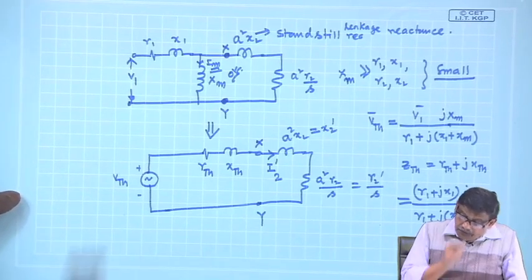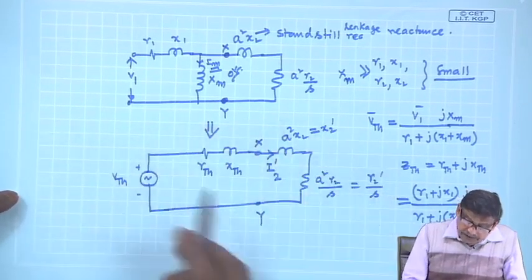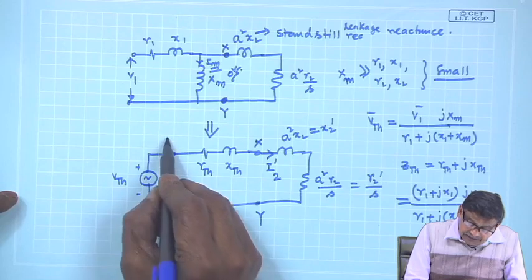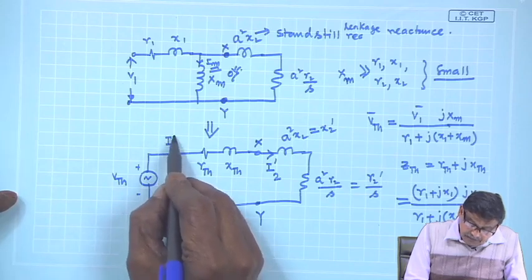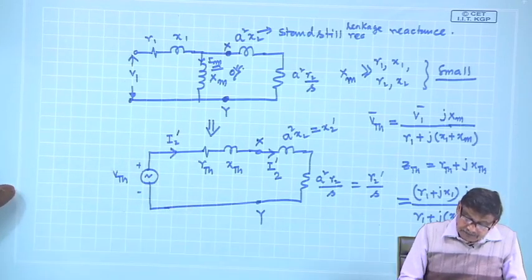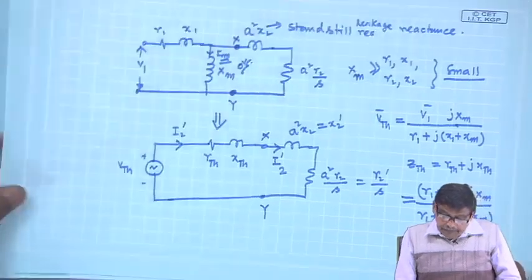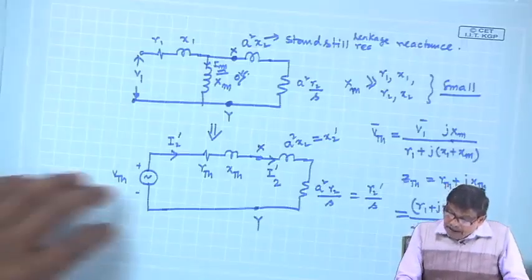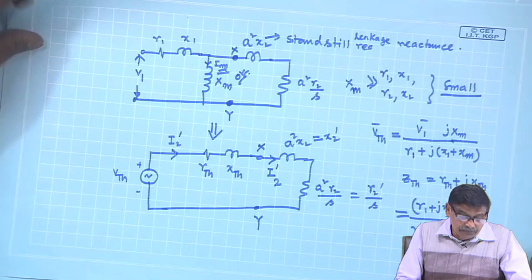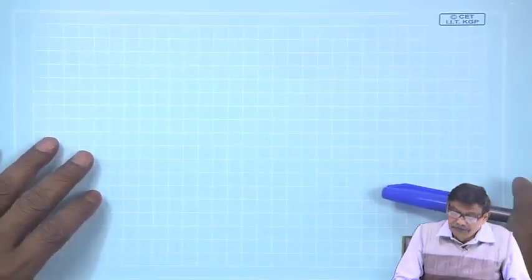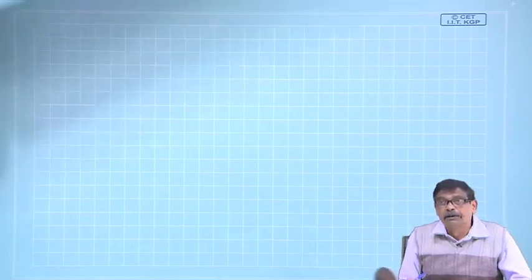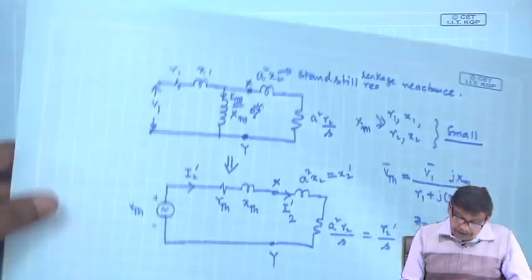Then I want to find out what current this machine will draw, I2 dashed, and after calculating the current, we will calculate power and try to calculate the torque developed by the machine.